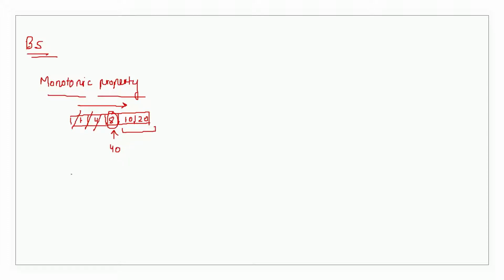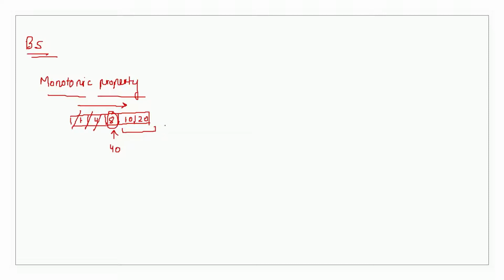Now this monotonic property is not necessarily in terms of magnitude. Here it is in terms of magnitude, but there might be other properties, and the sample space might be following that property in a particular direction. If it would have been an array of strings, then the monotonic property could be that the number of vowels in each string is increasing as I move towards the right.